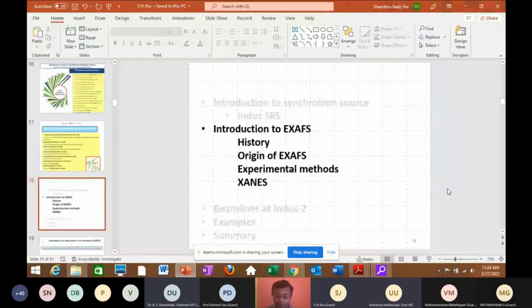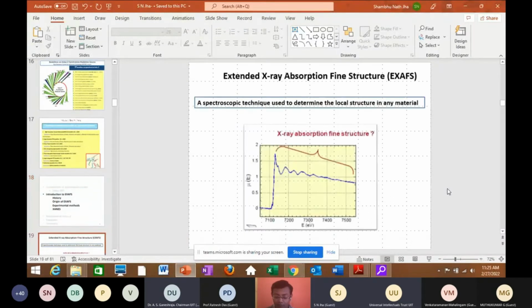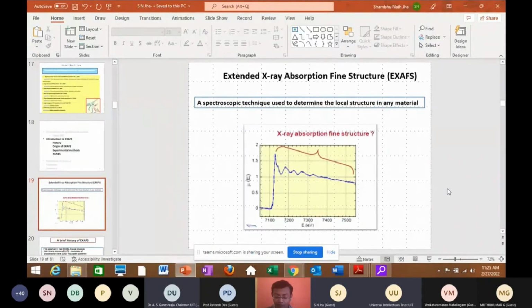So now I'm coming to the next topic, the introduction to EXAFS. I'll start with its history and other aspects of this technique. This is the common spectrum. You must be familiar that this is the absorption coefficient versus photon energy, and the whole spectrum is known in general as X-ray absorption fine structure.